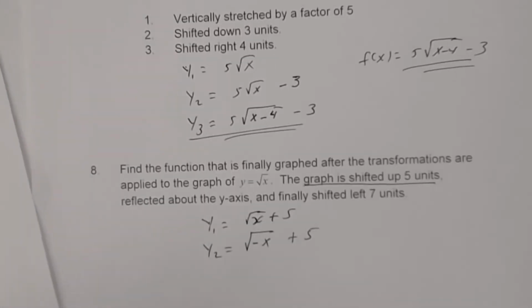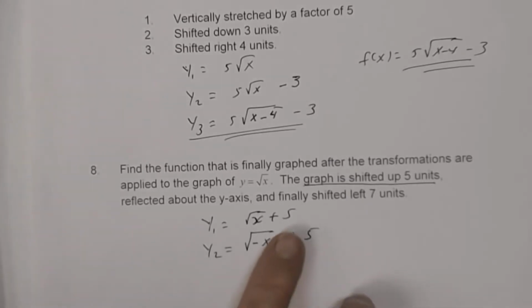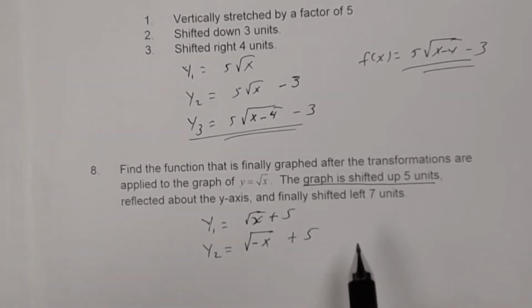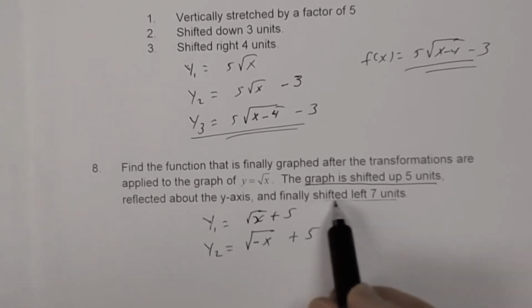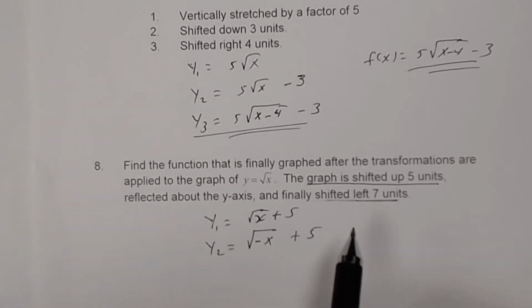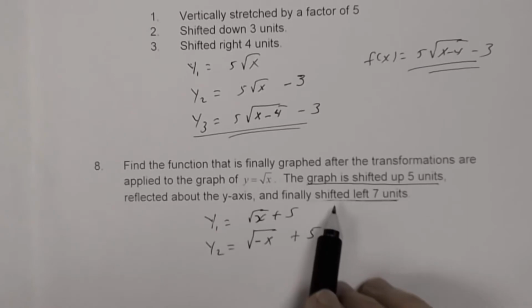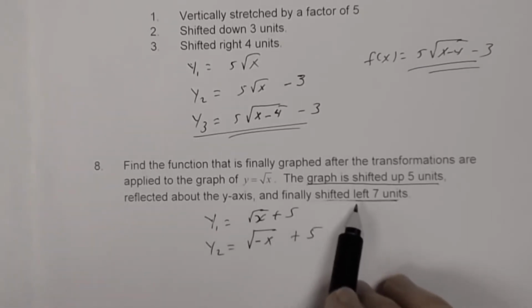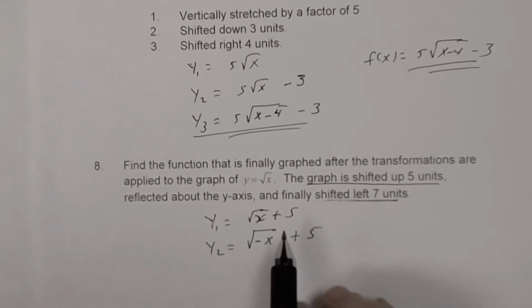Okay, so then what you want to do next is shift it to the left 7 units. So this is the one also where you have to be very careful. Remember, the horizontal translation is where you have to be careful. We are doing the horizontal translation last here because that's the order they told us to. You got to be careful.